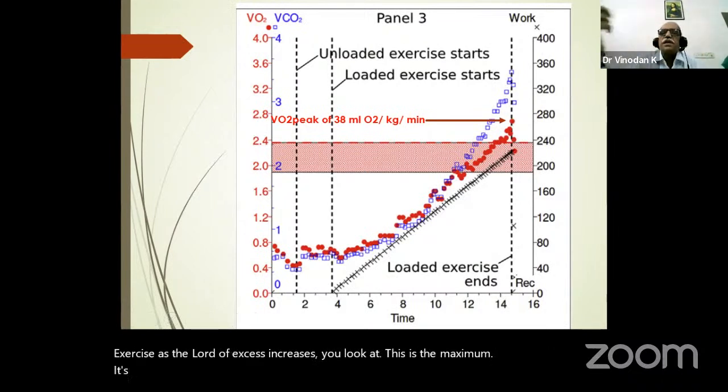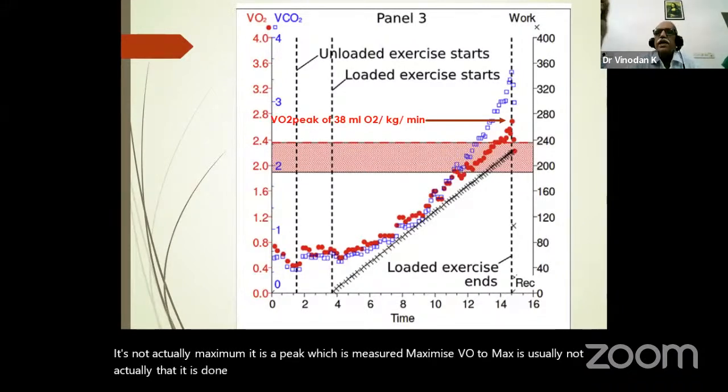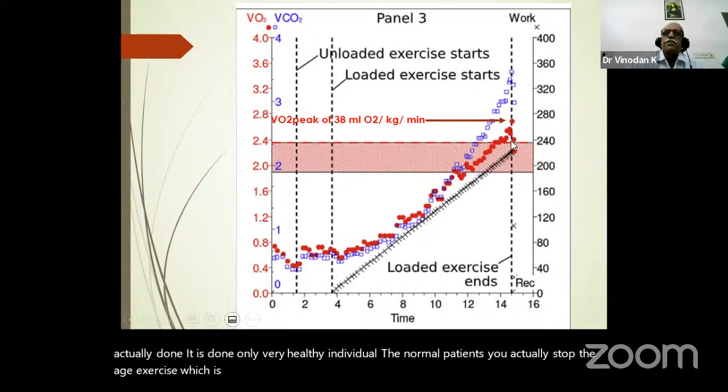It's not actually the maximum, it is a peak which is measured. VO2 max is usually not actually done. It is done only in very healthy individuals. In normal patients, you predict the exercise that the patient can undergo and then stop it when you reach that, and then you get the VO2 peak.